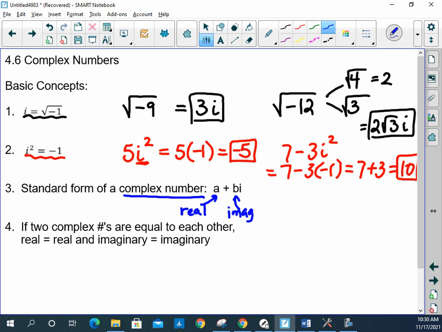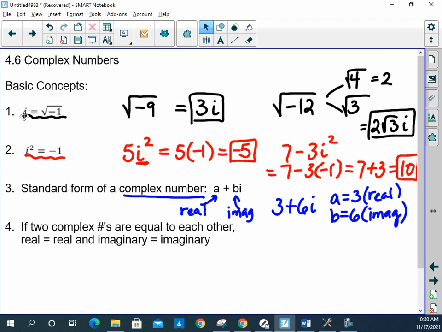So for example, if you had 3 plus 6i, that means a would equal 3. That's the real part. And b is equal to 6. That's your imaginary part. So there's always a real and an imaginary part to the problem.